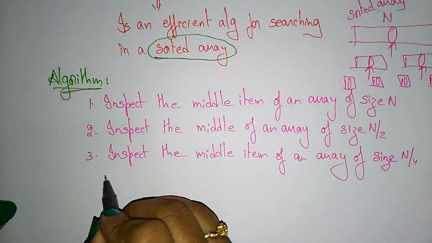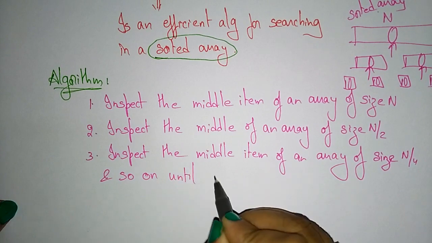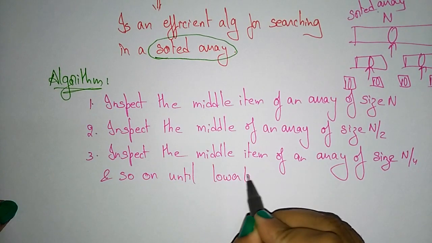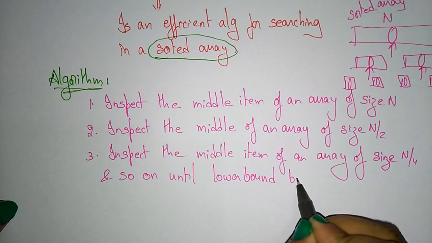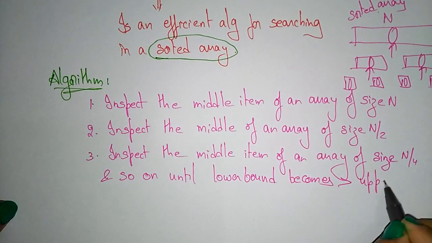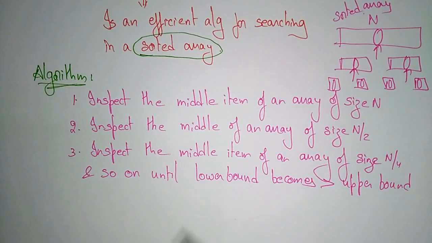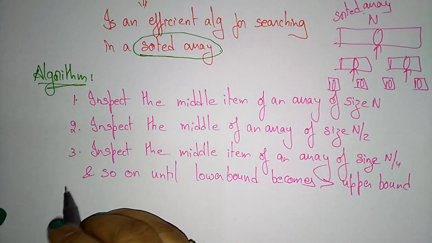After finding all this, and so on until lower bound becomes greater than upper bound. So until the lower bound becomes greater than the upper bound, you have to inspect the middle item of the array of size n by 2, n by 4, like that go on.